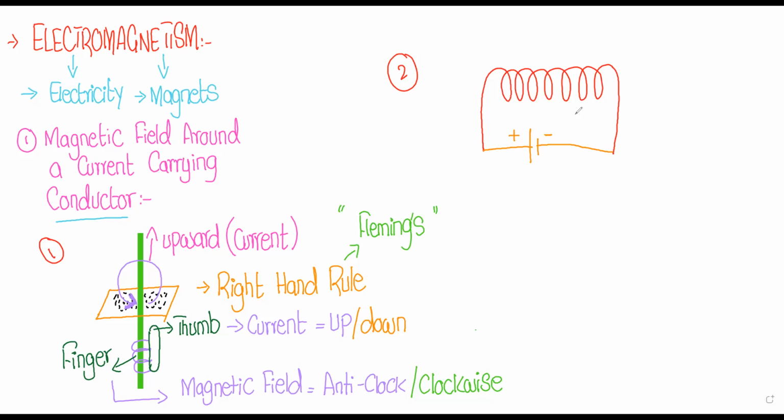Now you can hold the wire like this, so that your finger curl will be, let's suppose, on the back. Current will flow from positive. So the current first moves in an upward direction, then downward, then from the back side upward, from the front downward. So you can imagine how this current will circulate in the coil, right?